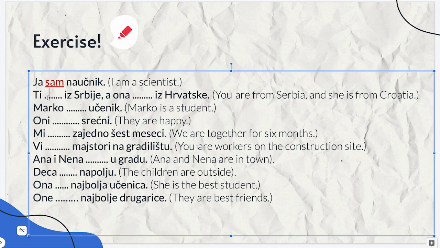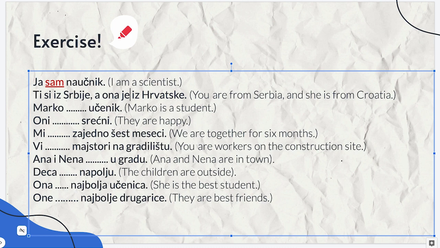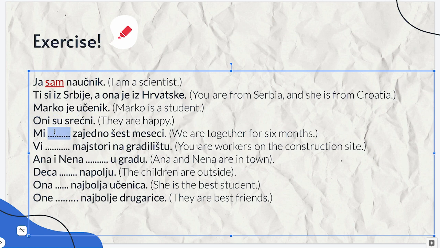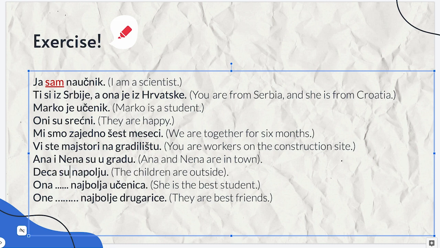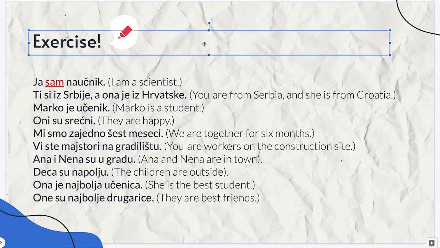Next example would be, you are from Serbia and she is from Croatia. So ti si iz Srbije, ona je iz Hrvatske. Marko je učenik, oni su srećni, mi smo zajedno 6 mjeseci, vi ste majstori na gradilištu, Ana i Nena su u gradu, deca su na polju, ona je najbolja učenica, and one su najbolje drugarice.